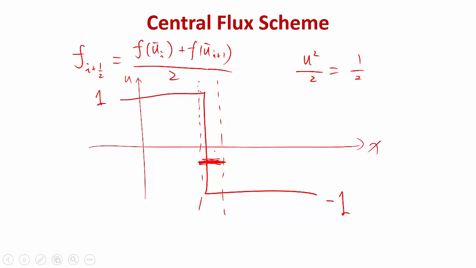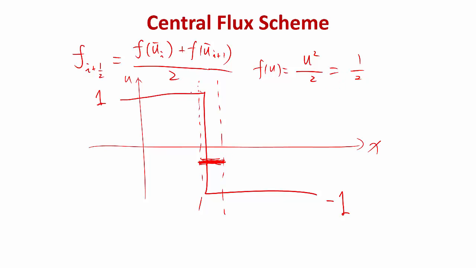Okay. Yeah, it is not on the left hand. So the f of u should be equal to half over the entire domain, right? But if you look at over here, because u is halfway between 1 and minus 1, the flux over here is actually much less than a half.